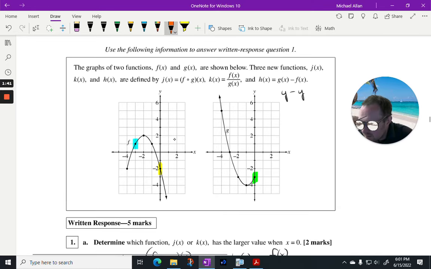So right about here and right about here, I'm going to subtract these two values and just make sure it's not negative 5. So that point down there on g is like negative 3 point, I don't know, let's say negative 3.6 or so. Okay, and then minus the f value, I don't know what that would be as well, 1.6 or so? It's like negative 5.2, so it is less than negative 5.